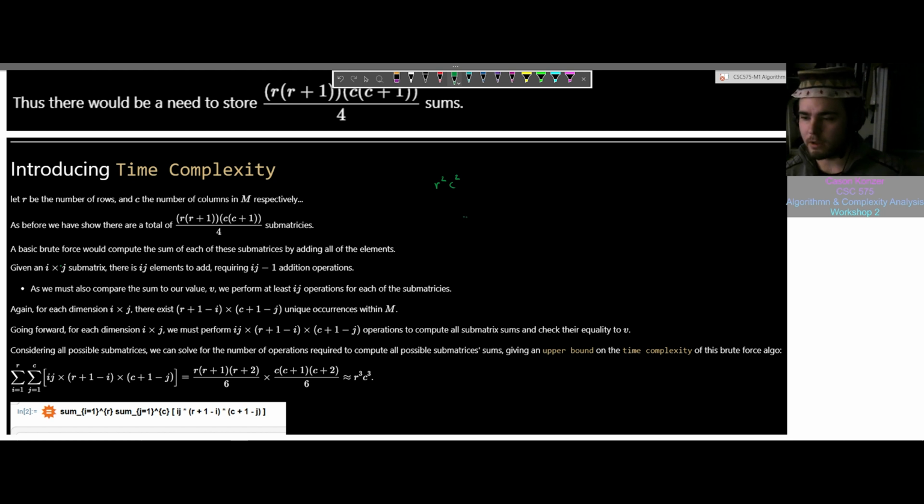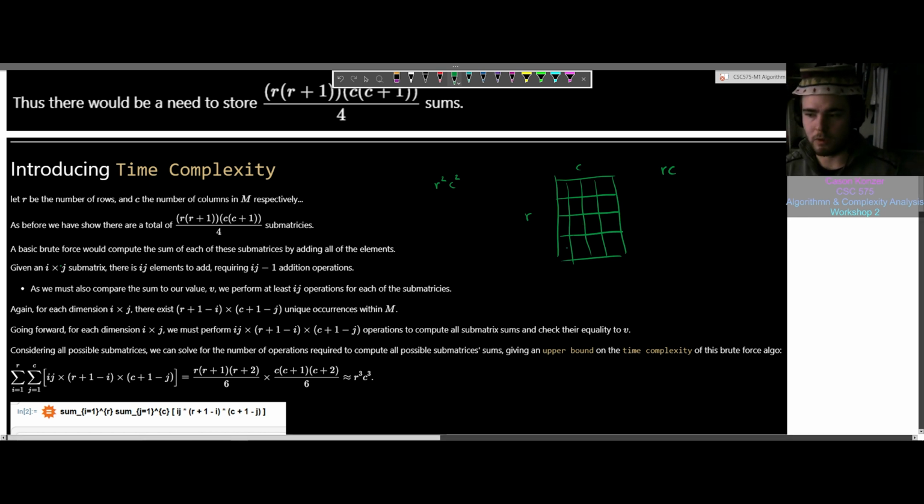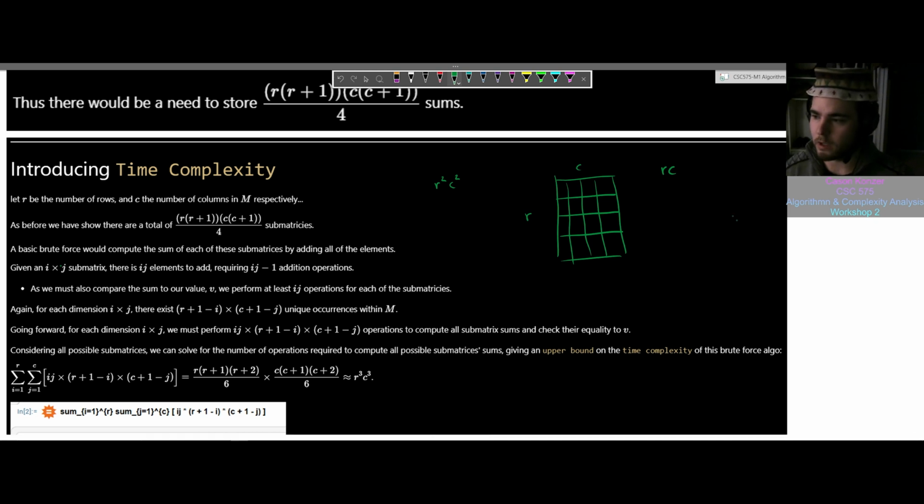And if you consider just a generic r by c submatrix, to compute the sum, you must add all of the values within that submatrix. And there are rc, or r times c values. And to do the sum of all of them, you need to do r times c minus 1 additions.